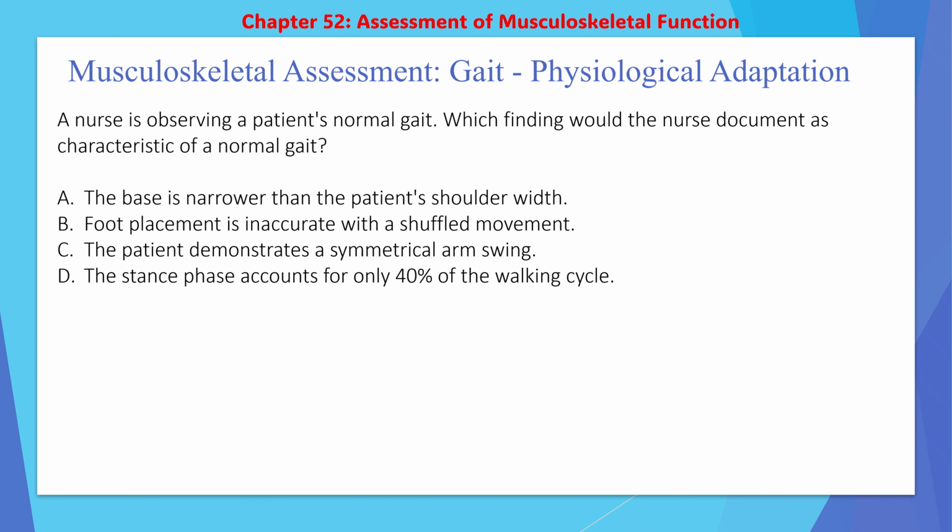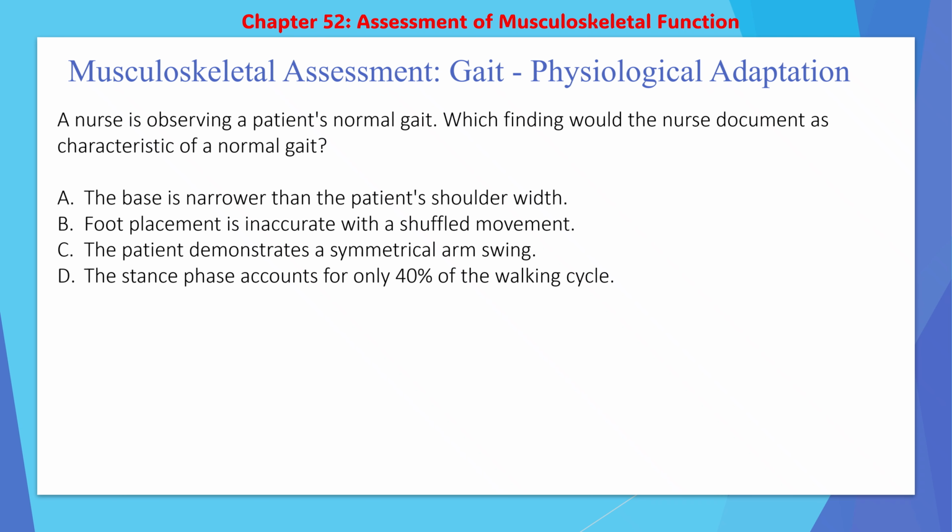Question 11. Musculoskeletal assessment. It's about gait, psychosocial adaptation. A nurse is observing a patient's normal gait. Which finding would the nurse document as characteristic of a normal gait?